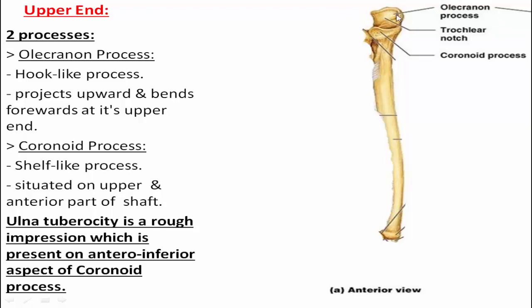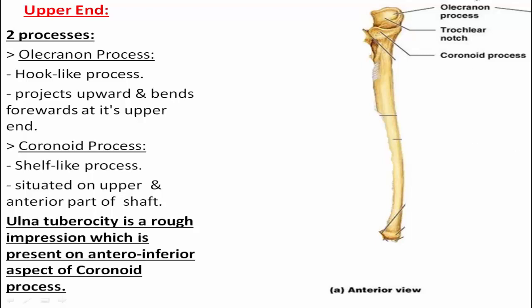It projects upwards and bends forwards at its upper end, and it forms a hook-like projection. Another process is the coronoid process, which is a shelf-like process situated on the upper and anterior part of the shaft.